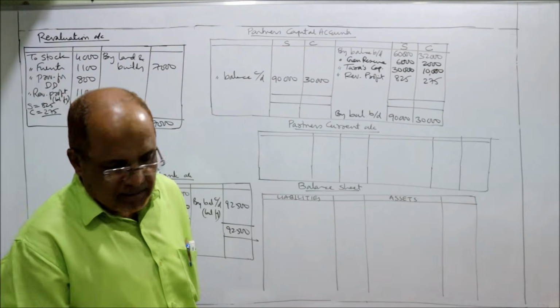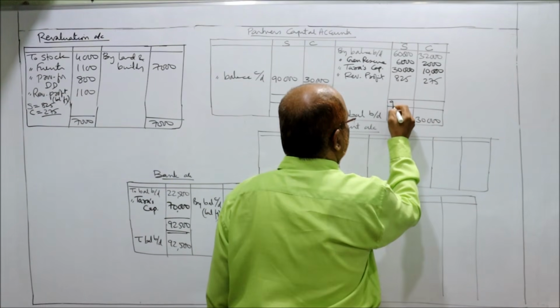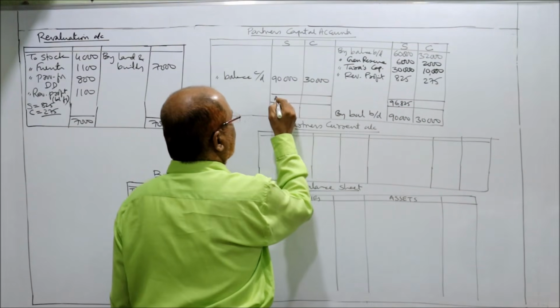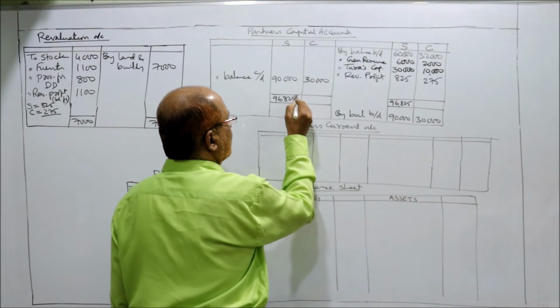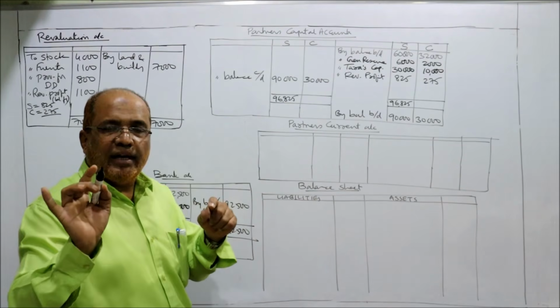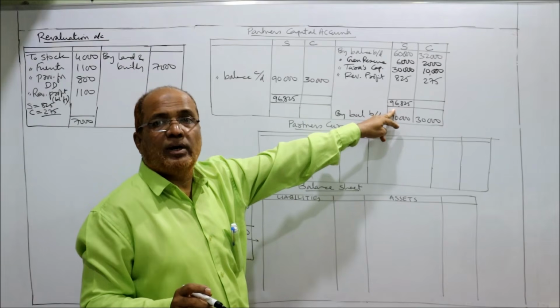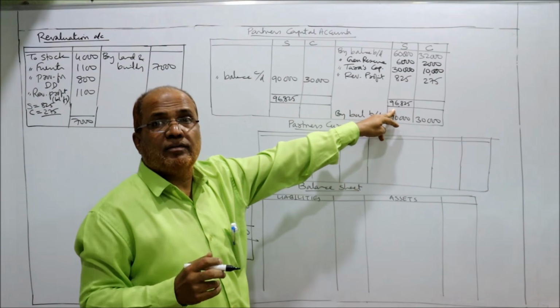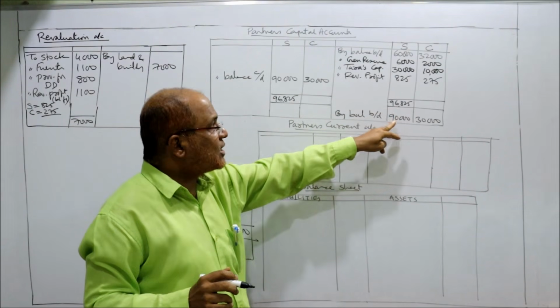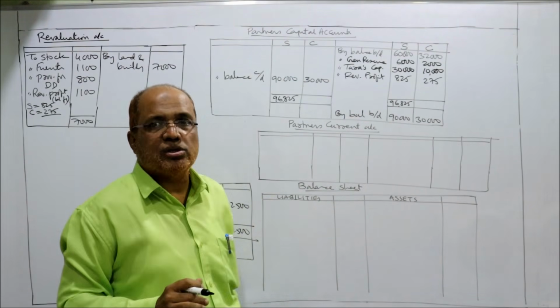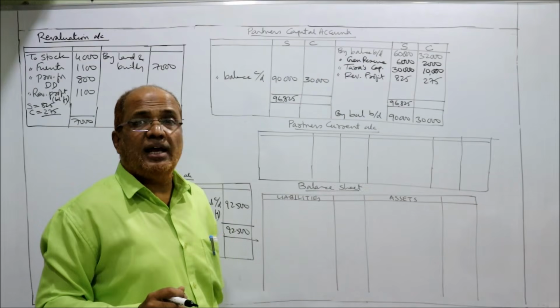Right. So 96,825. Actually in Surya's account there is a balance of 96,825. It is more. It should be 90,000 according to the new profit sharing ratio, but he has 96,825.